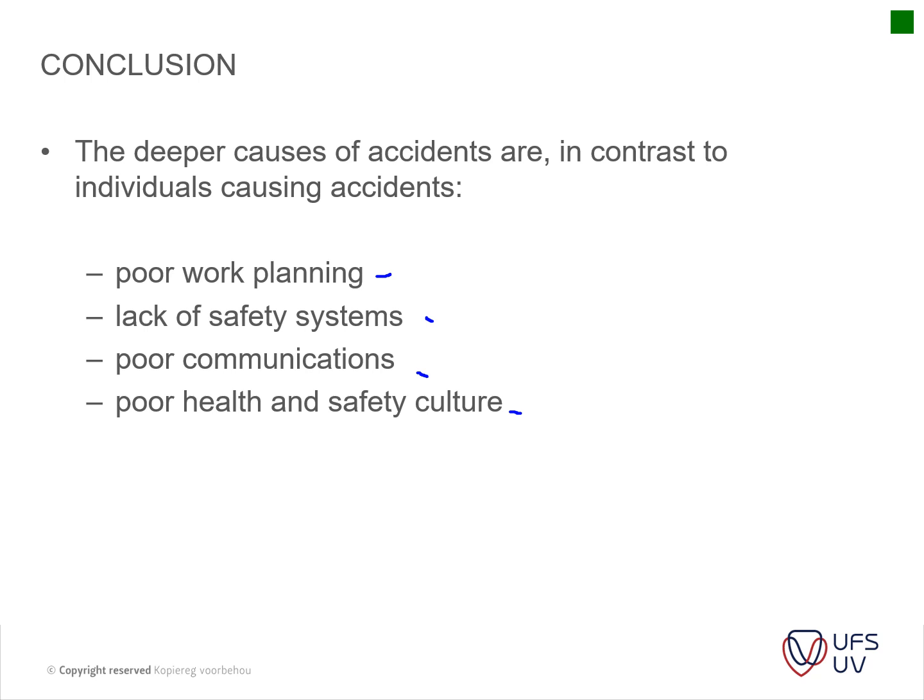If you think about it, if you have a good health and safety culture, all of these items will usually be addressed. If your managing director is very health and safety inclined, you would implement more health and safety measures or audits more regularly also.